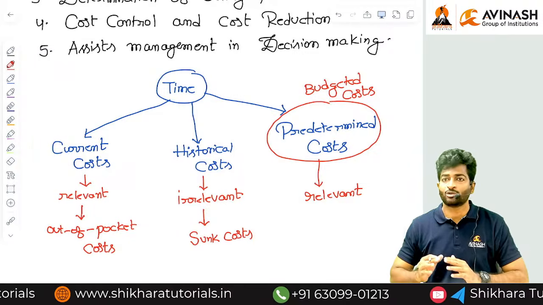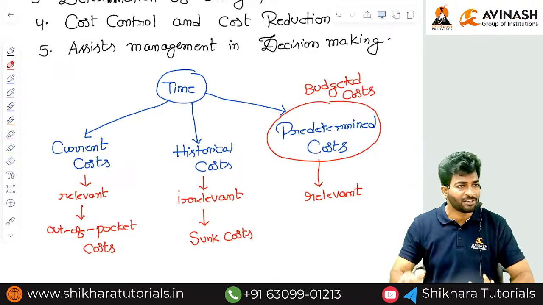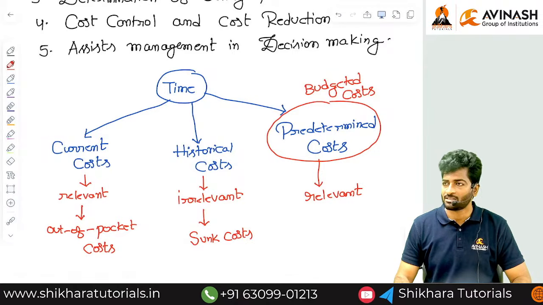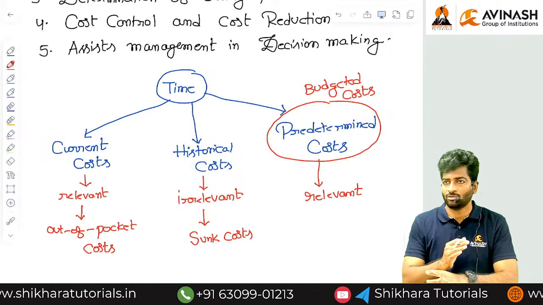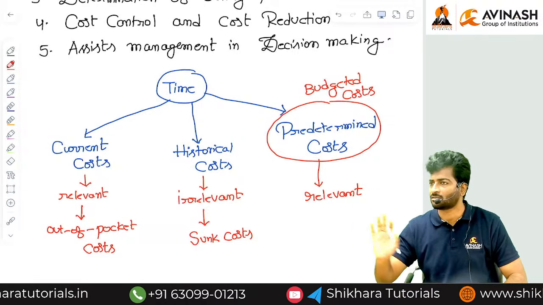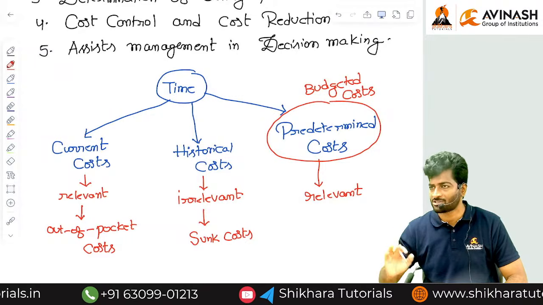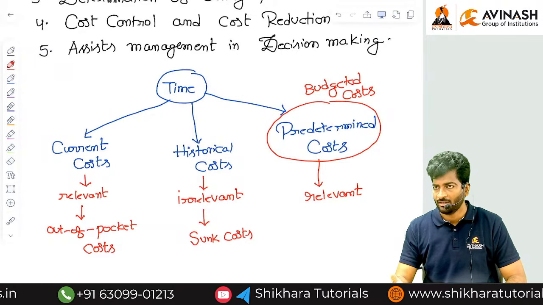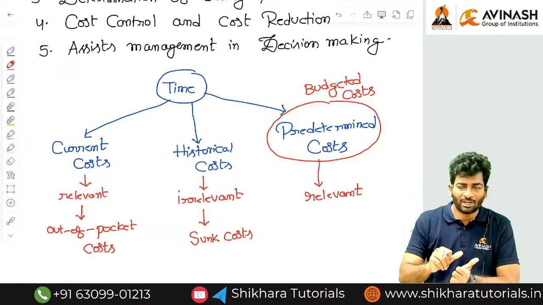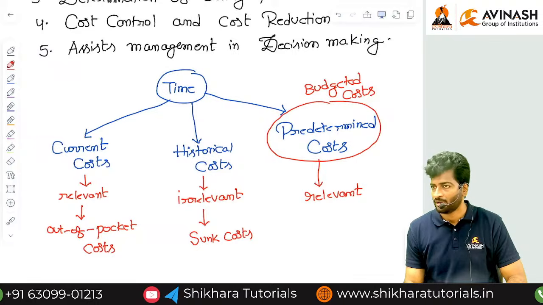Means those numbers are linked to your decision of purchasing the machine, right? If you are not purchasing the machine, then I can ignore or avoid those expenses of 2 lakhs. Can I say that number is reacting to my decision? That number is relevant to my decision, right?